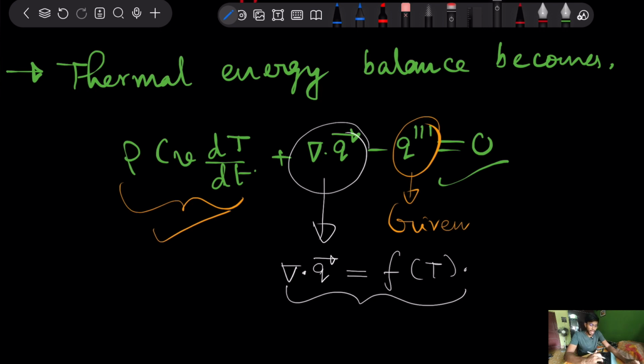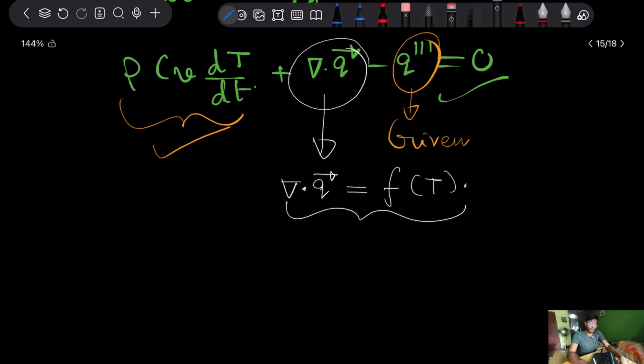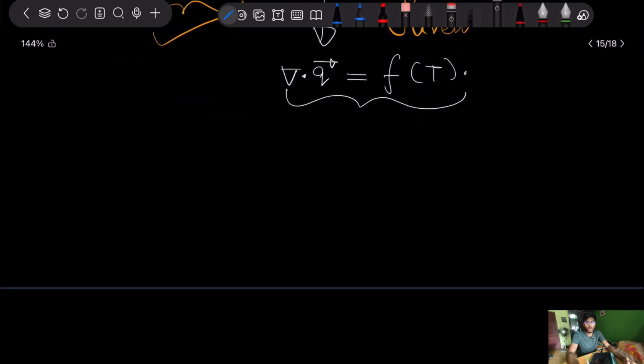There most of the books use a control volume approach. So I thought I should show the correlation between that approach and this approach, and show you that both approaches lead to the same result.